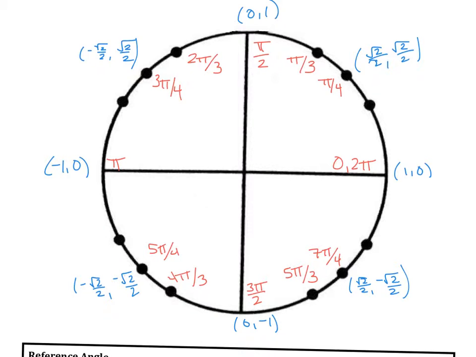They're sort of up there at the top and down there at the bottom. And when we were looking at the pi over 3s, we wound up with 1/2, root 3 over 2 for all of those. And again, you're going to want to simply change your signs depending on which quadrant you're moving through.